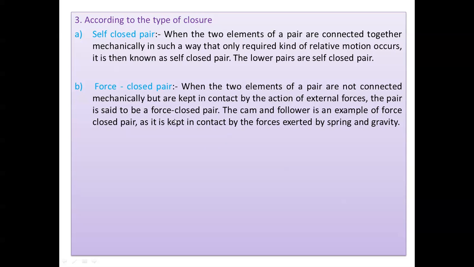These are called force closed pairs, and the major example for force closed pair is cam and follower, as we have already discussed that there is a point contact. So these are the classifications according to the type of closure.